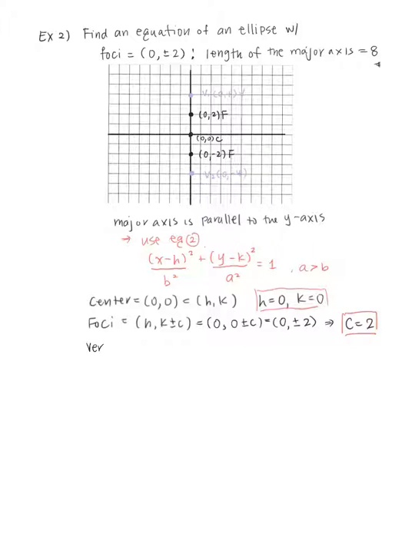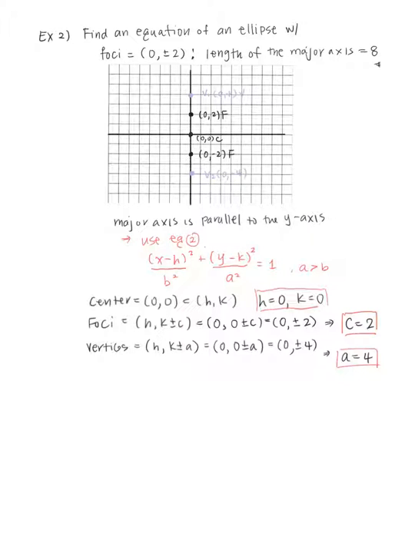Let's go with the vertices. The formula is (h, k ± a). But h is 0, k is 0 ± a, and we already know that our vertices are going to be at (0, ±4). So that implies that the value of a is 4.